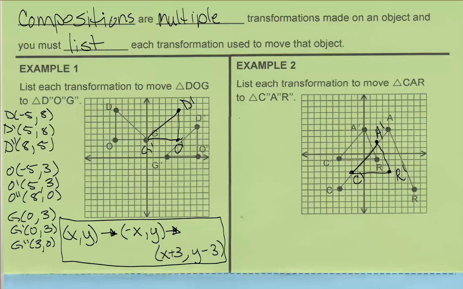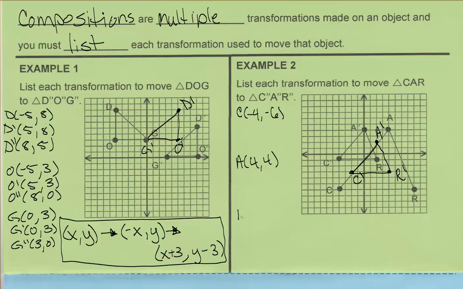So the original points for C are at negative 4, negative 6. The original points for A are at 4, 4.